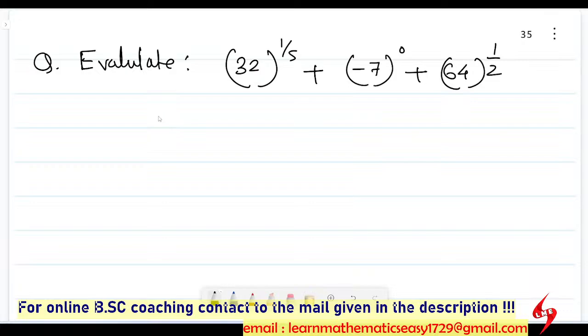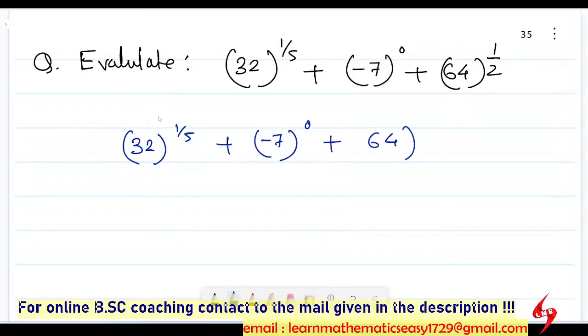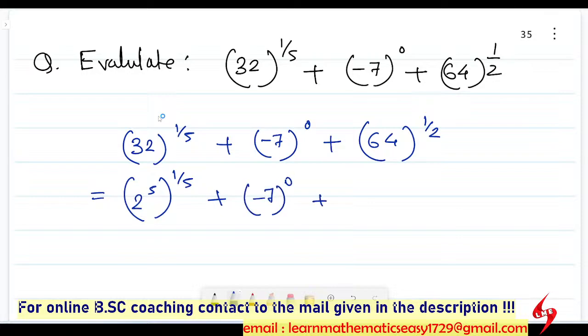Okay, so here we go. 32 means 2 to the power 5, so 32 means (2 to the power 5) whole to the power 1/5, minus 7 to the power 0, and 64 means 2 to the power 6.